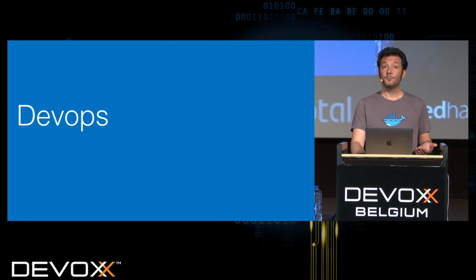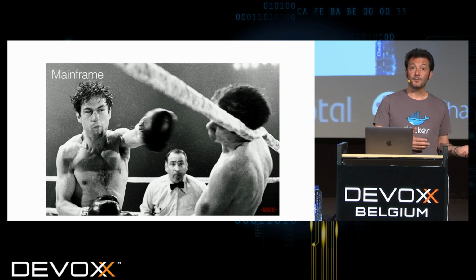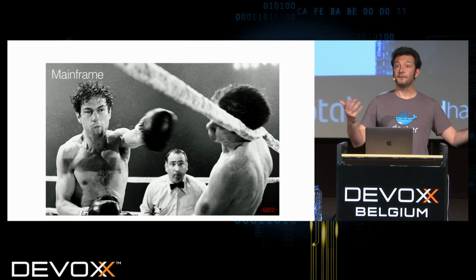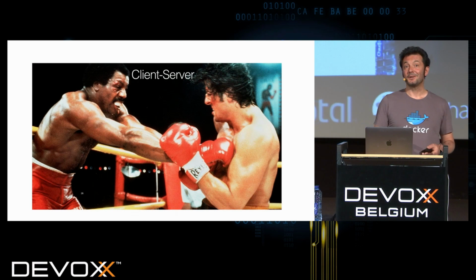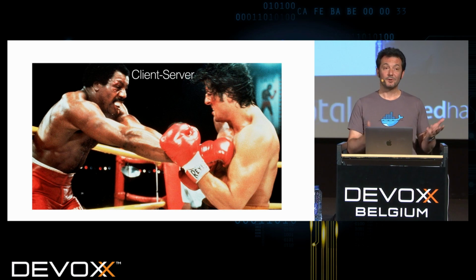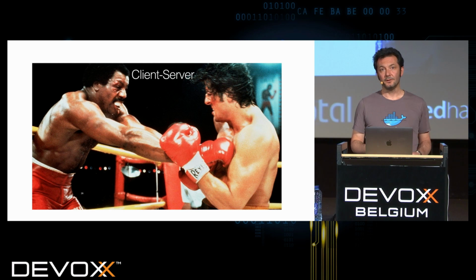The other trend that happened in the past few years is DevOps. So since the mainframe era, devs and ops were in separate teams that didn't talk together and often had different cultures and values. In the client-server era, it wasn't much better. I remember at Netscape, we were coding in C++ and Java, and the ops were coding in Perl, and they didn't understand the workloads that we asked them to run.